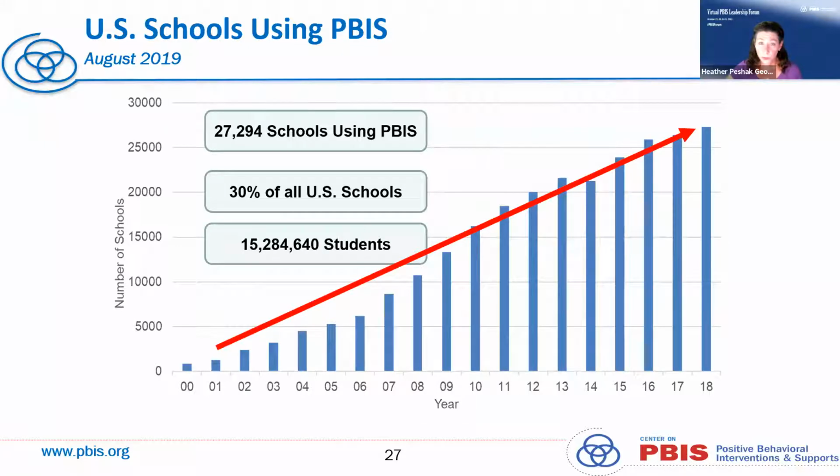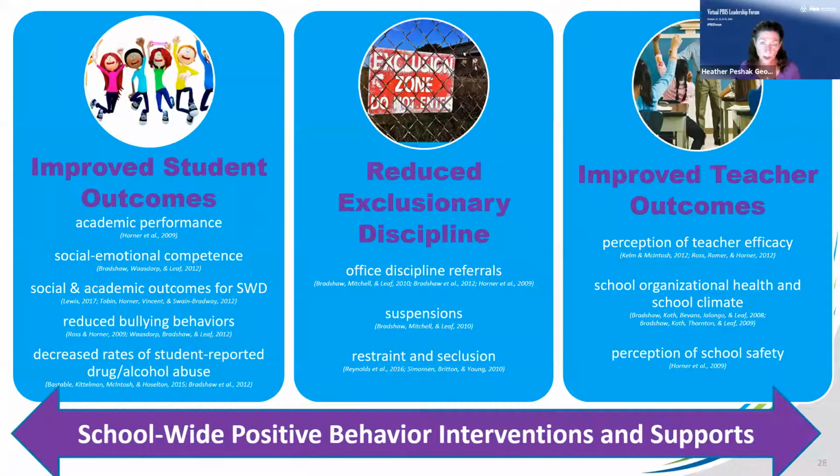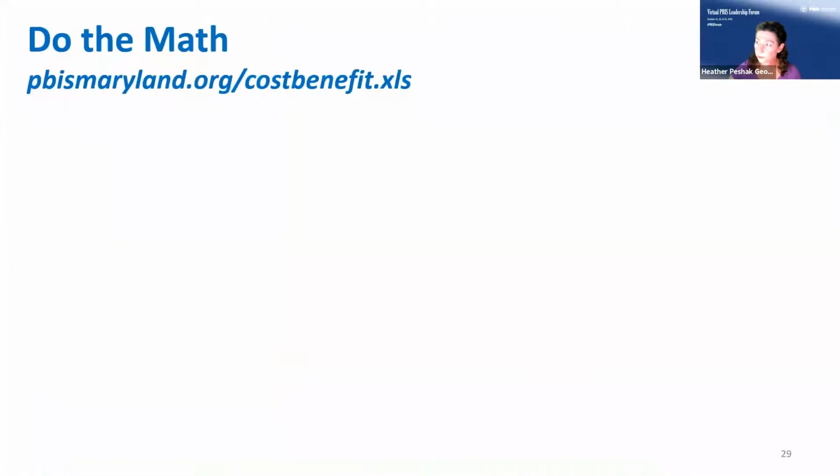It's over 30% of our US schools across the board. Of course, everybody's implementing at different levels of fidelity, but what's important is that folks are saying, we know that if we implement with fidelity, the research has shown over the years that we will have improved student outcomes, reduced disciplinary exclusion, as well as improved teacher outcomes.